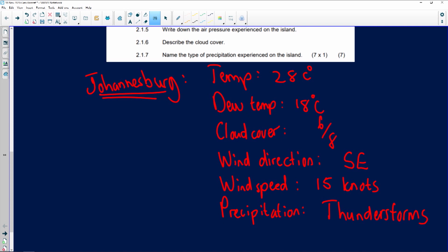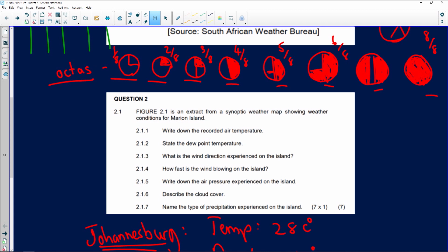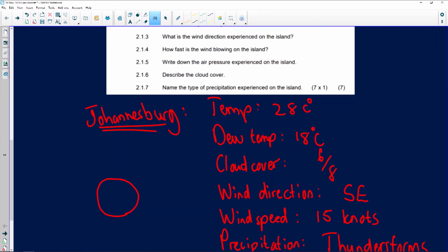Let me quickly explain to you. First of all, you start with your cloud cover, the body of the weather station model. As you can see, I've been asked to draw a weather station model, so the cloud cover is going to be 6/8. If you look at the octaves, it's going to be that one situated over there. So let me do it nice and properly. That's the body of the weather station model; it represents the cloud cover.